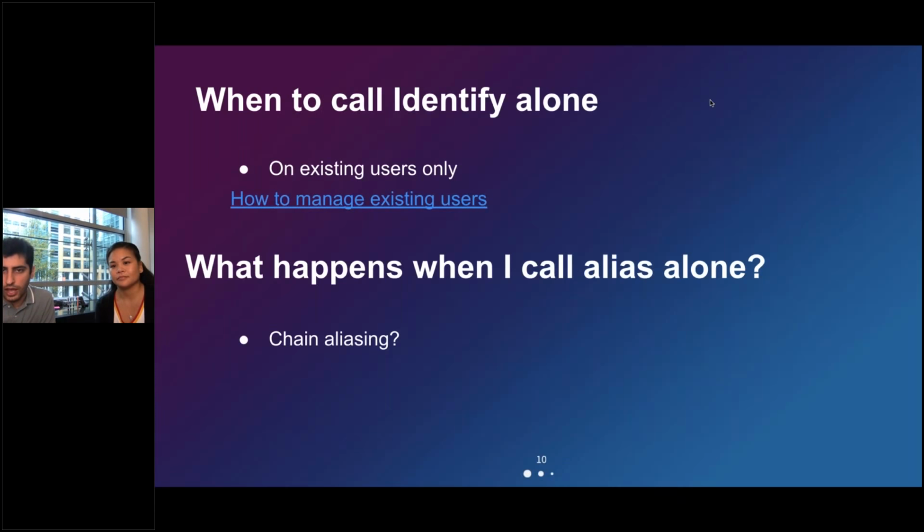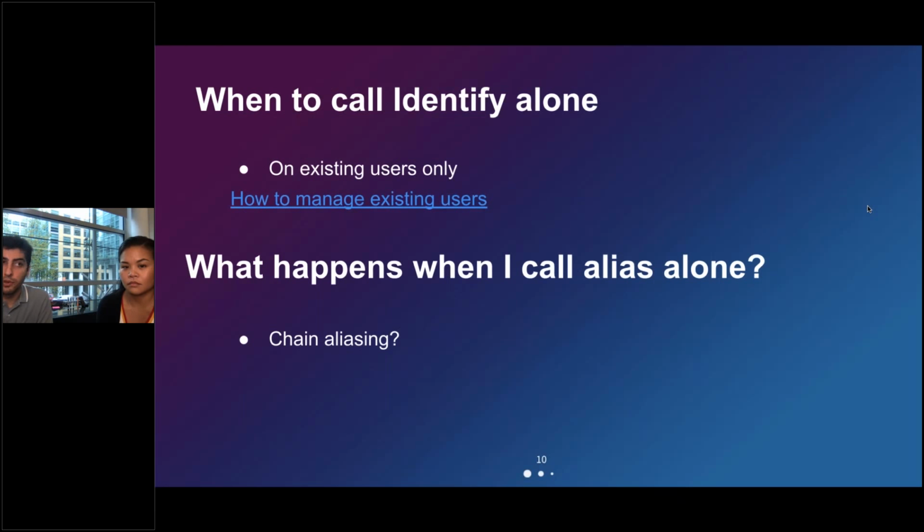So there's a couple edge cases that I want to go over, and one of them is when to call just identify. So right now we're going with the assumption that you've decided to implement using our best practice, which is alias at register and identify at login.